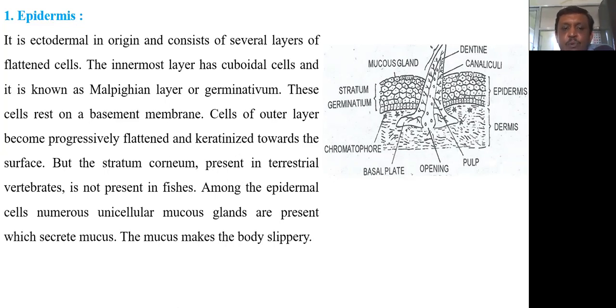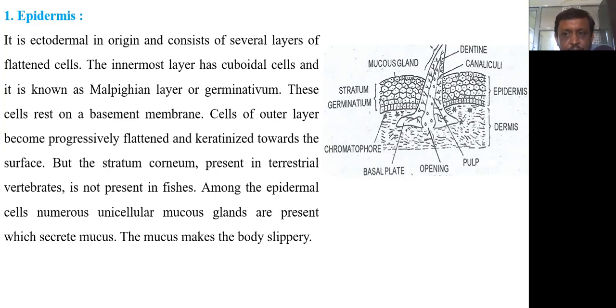But the stratum corneum present in terrestrial vertebrates is not present in fish. In other vertebrates there is a layer, the stratum corneum, but it is not present in fishes. Among the epidermal cells, numerous unicellular mucous glands are present.